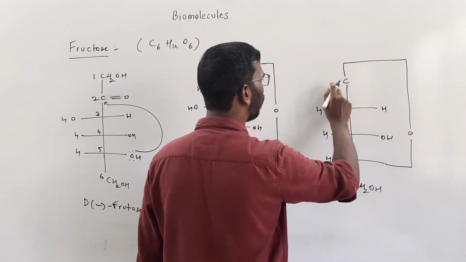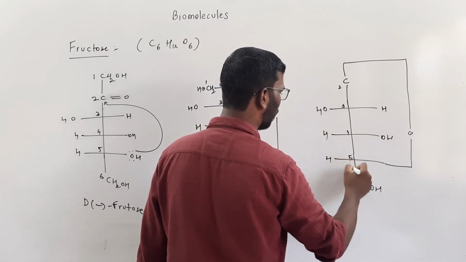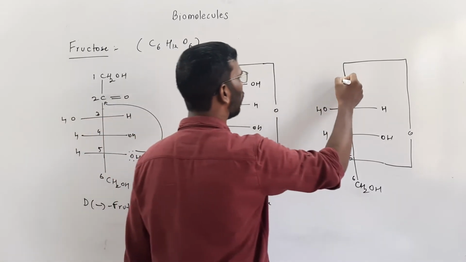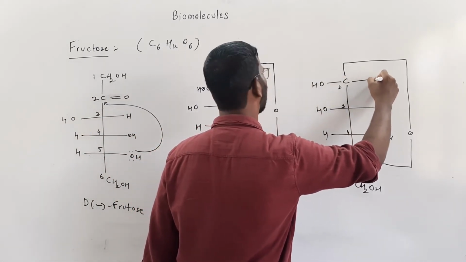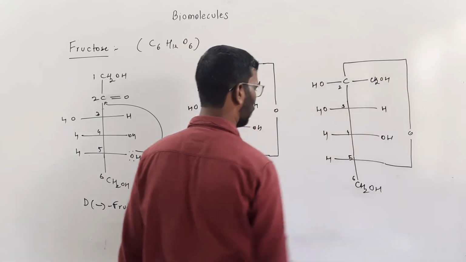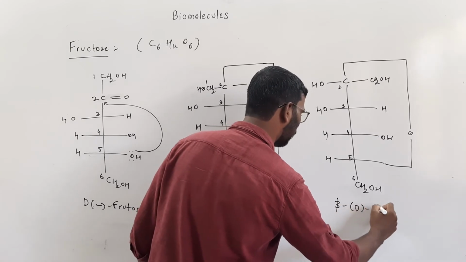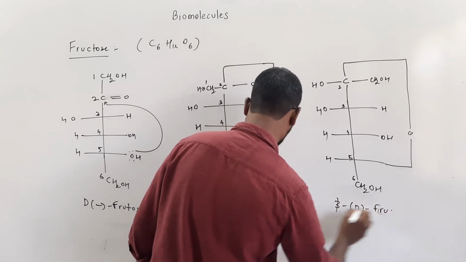The carbon number 2, right? This is carbon number 2, 3, 4, 5 and this is 6. Right? The OH is going to come in the left side, and this is the CH2OH. This is the beta form of the D fructose.